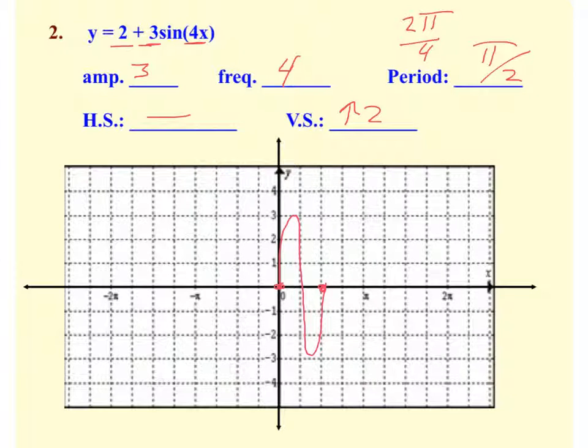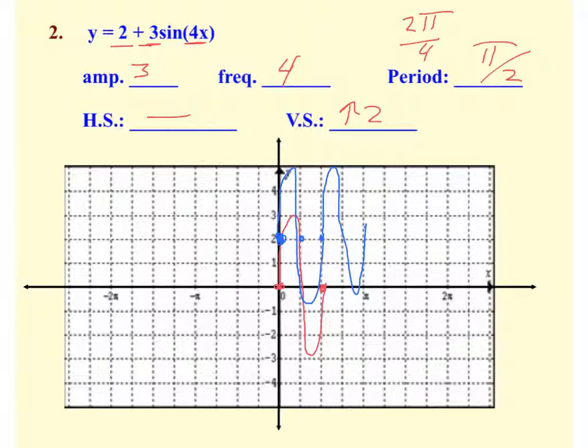However, that vertical shift tells me that everything is going to be shifted up too. And so instead of starting at the point 0, 0, we're going to start at the point 0, 2. We're going to end up at pi over 2 later. So go up 2, down, and end up there. So we can see our cycle as well.